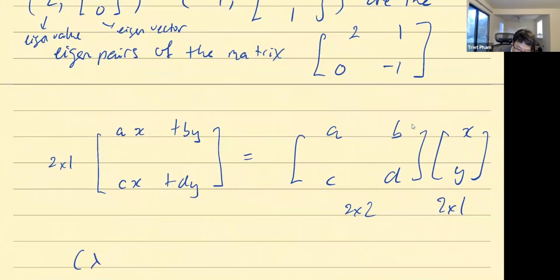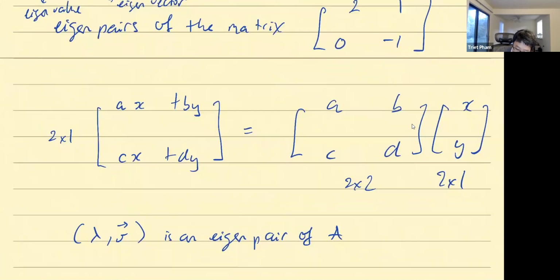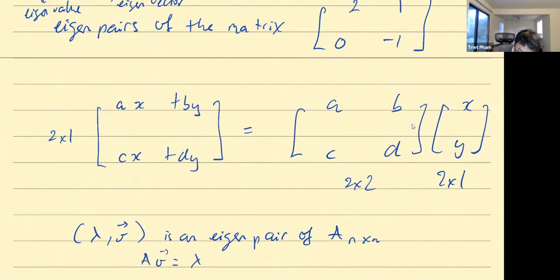So if lambda and v is an eigenpair of a matrix A, A must be a square matrix, n by n. You don't have eigenvalue or eigenvector for a non-square matrix. That means A times v is equal to lambda times v. Of course, we require that v not be the zero vector. Otherwise, this always works for any trivial lambda.